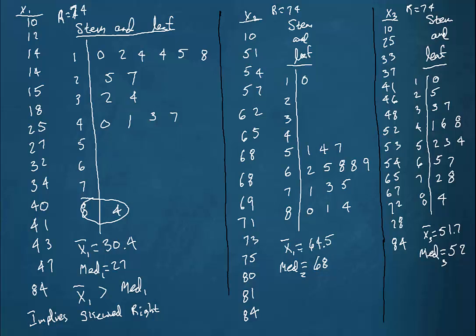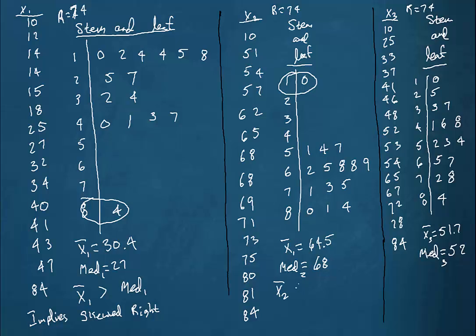In the second set, the mean is less than the median. We have an extremely small data value in this 10 value here. And whenever you have this case where the mean for a data set is less than the median, then we have a case that implies a data set that is skewed left.